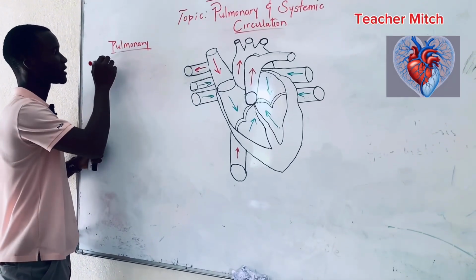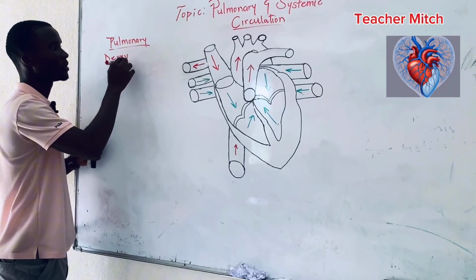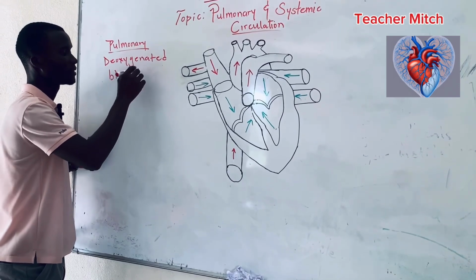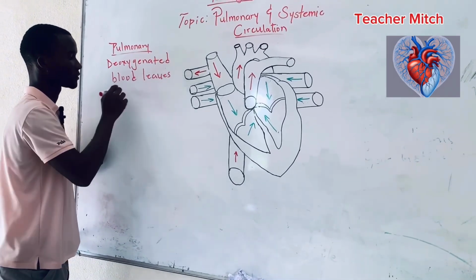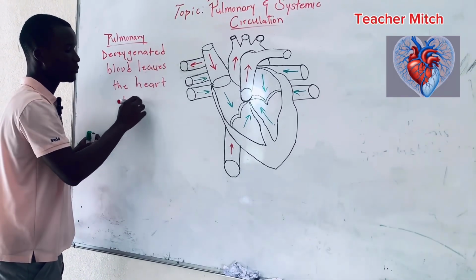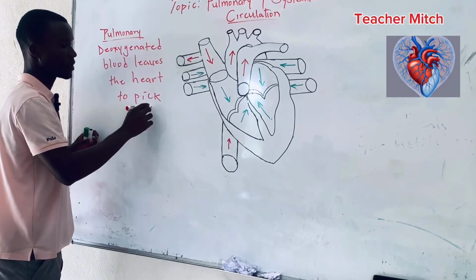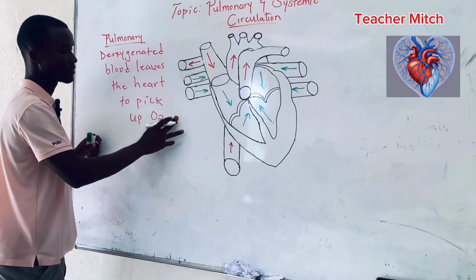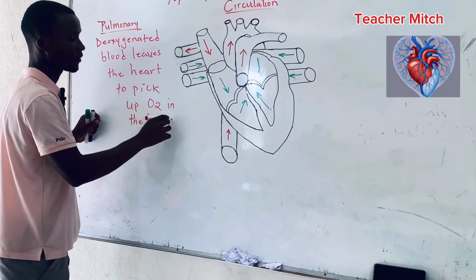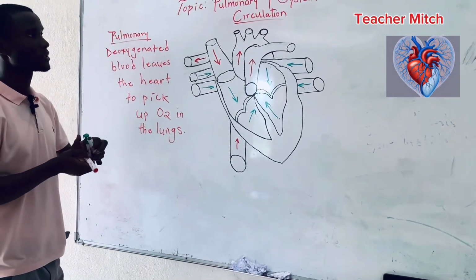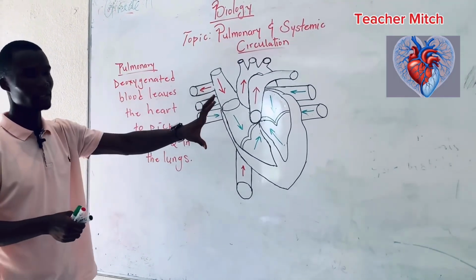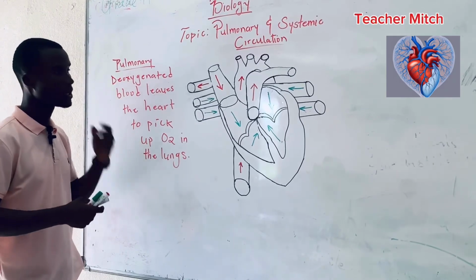So in pulmonary circulation, deoxygenated blood leaves the heart to pick up oxygen in the lungs. So pulmonary circulation is a type of circulation that occurs in the heart where deoxygenated blood leaves the heart and goes to the lungs to pick up oxygen.